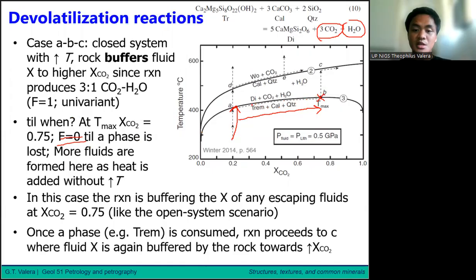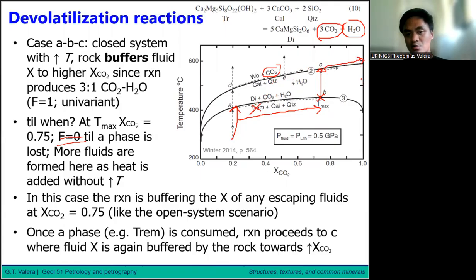Pag kunwari naubos na yung tremolite natin, aakyat ulit yung temperature natin this way until it reaches again this point. This time, the reaction only produces carbon dioxide. Okay? So, basically yung water natin, di natin papansinin. But the important point here is that this reaction, calcite plus quartz, produces even more carbon dioxide so that eventually, yung ating composition ng fluid is 100% CO2.